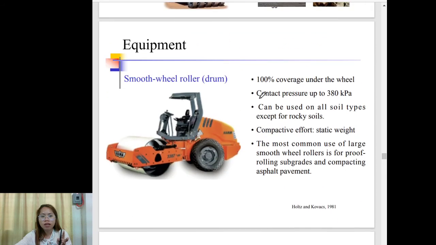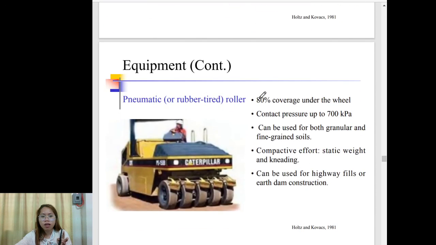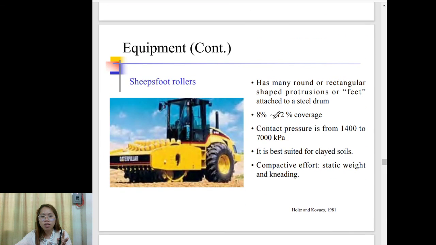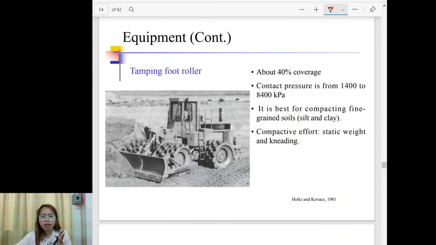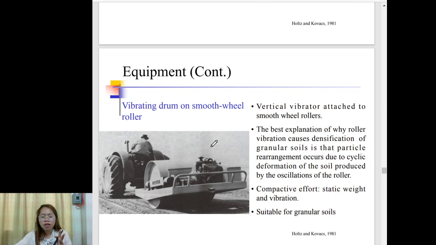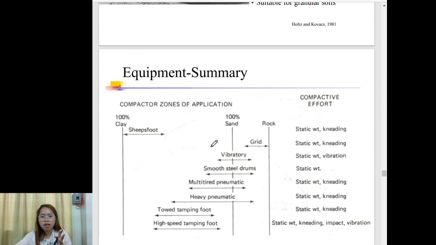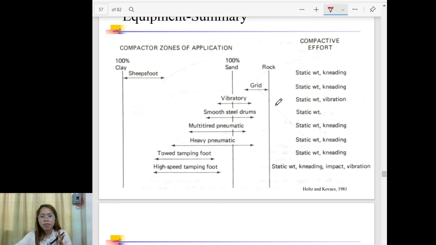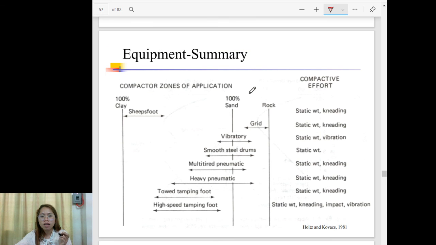We have this smooth wheel roller, pneumatic or rubber tired roller, sheepsfoot roller. So these are the compaction equipment in the field. The tamping foot roller, the mesh or grid pattern roller, vibrating drum or smooth wheel roller. And this is the summary now of the different rollers and their compactive efforts, like for the high speed tamping foot.